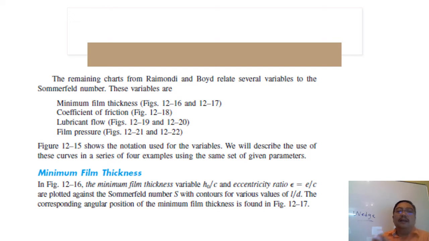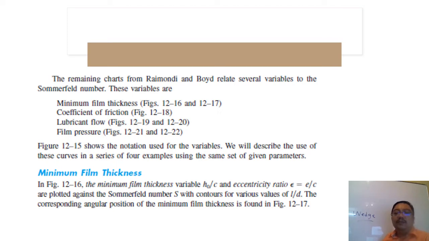The remaining charts from Raymond, Lee, and Boyd relate several variables to the Sommerfeld number. These variables are minimum film thickness, figures 12.16 and 12.17, coefficient of friction, figure 12.18, lubricant flow, figures 12.19 and 12.20, and film pressure, figures 12.21 and 12.22.